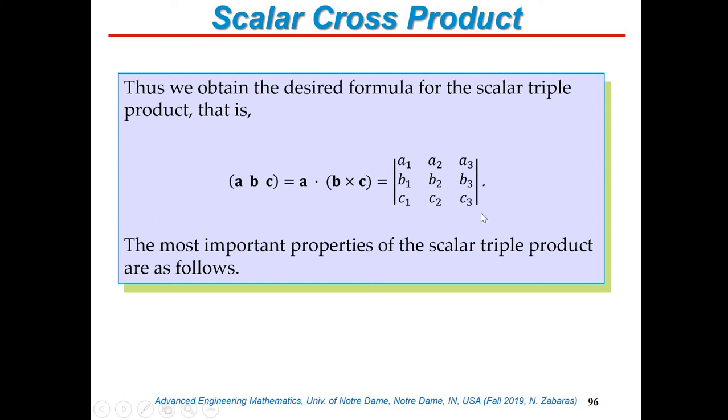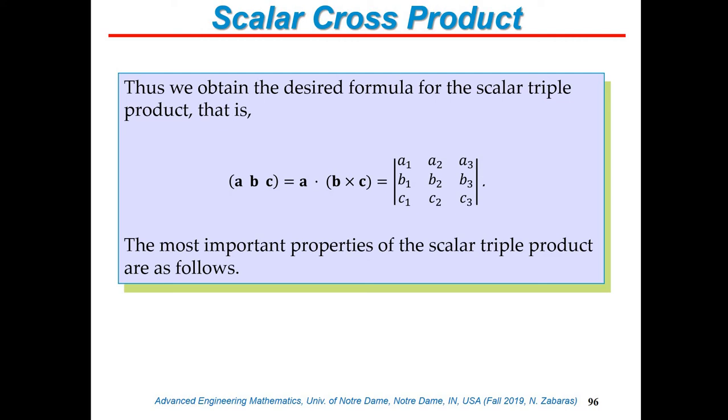Again, the determinants are very handy to compute this scalar cross product, as we call it. And of course, if you remember, we have already seen that this determinant is really the volume of a parallelogram with sides that are defined by the vectors A, B, and C.